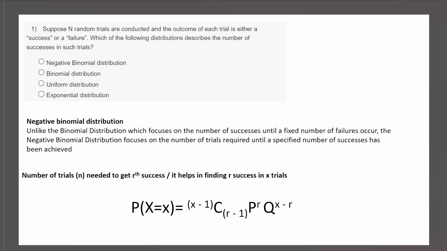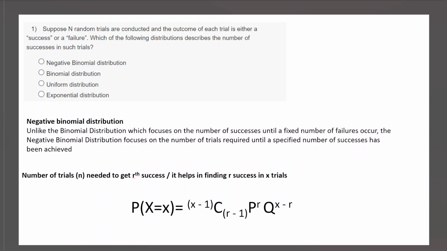So for this, they have given the options as negative binomial distribution, uniform distribution, and exponential distribution. So if you see this question, there are n random trials conducted. Random trials means there is no specific methodology or sequence they have followed.